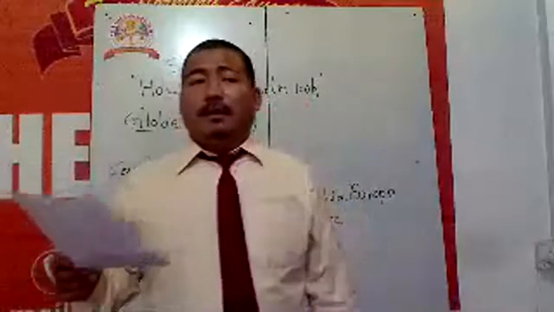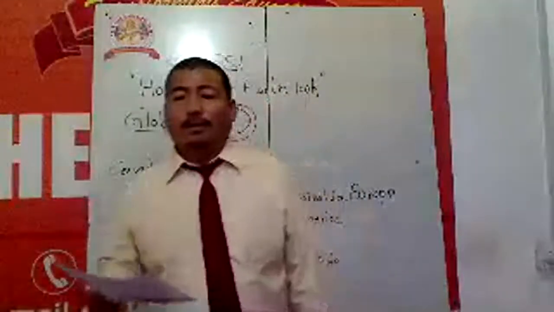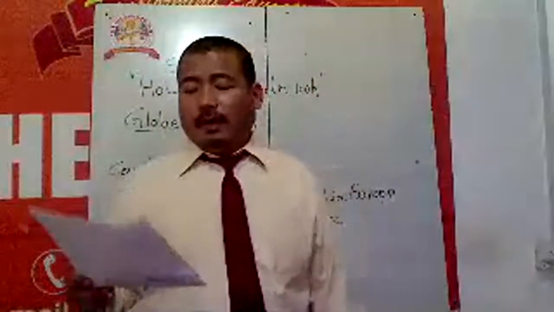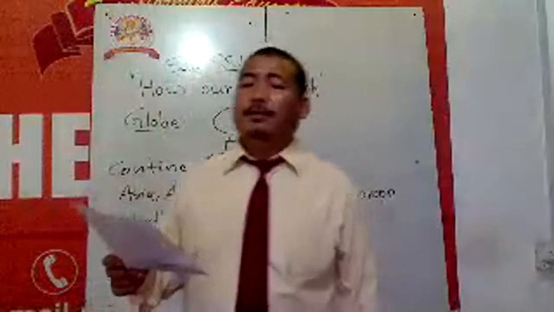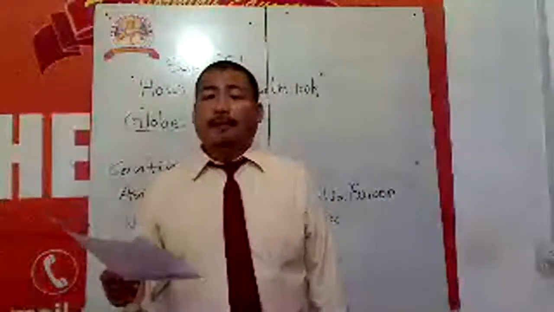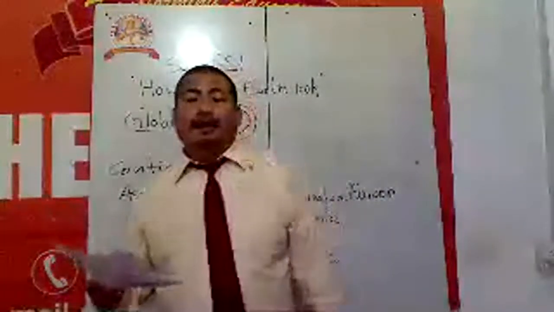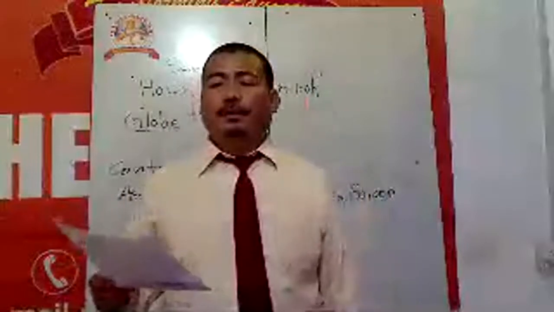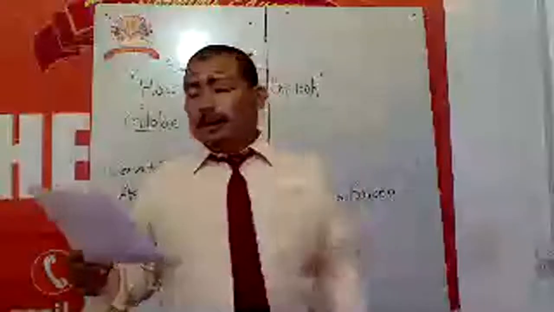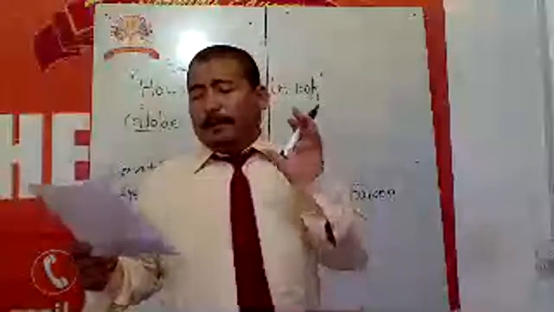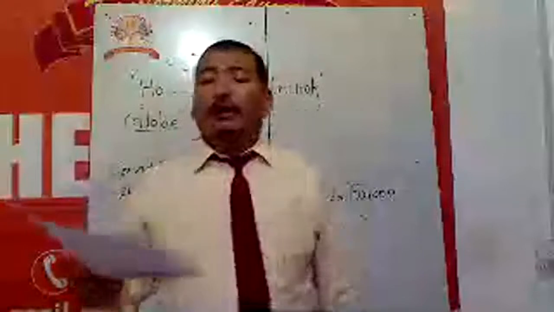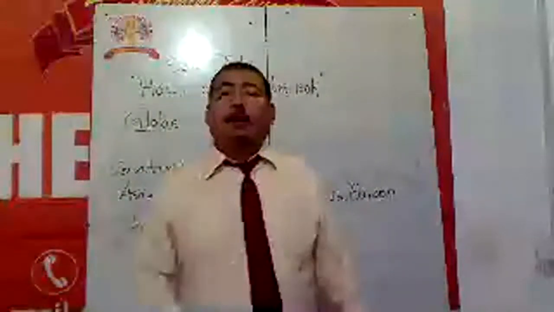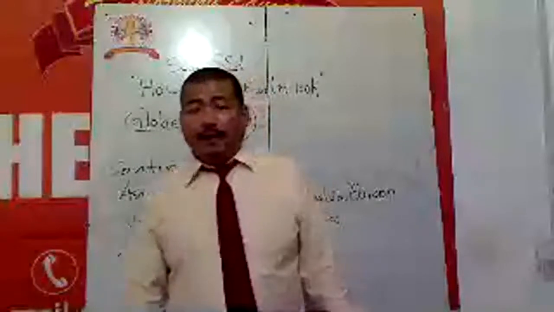To find the correct directions, the sun helps us because the sun always rises from the east. But at night there is no sun, so we cannot tell. At night time, we have one device called a compass, which helps us find the directions.